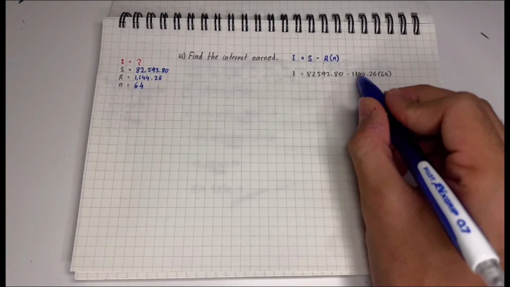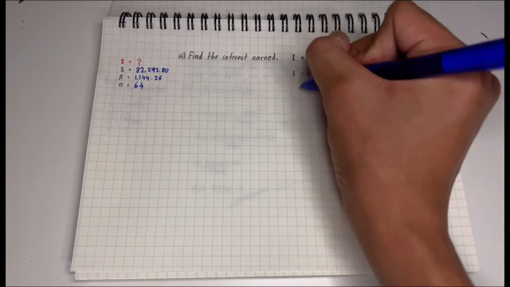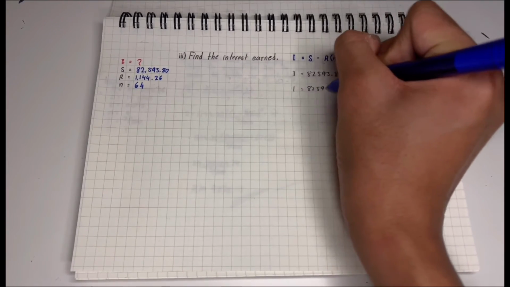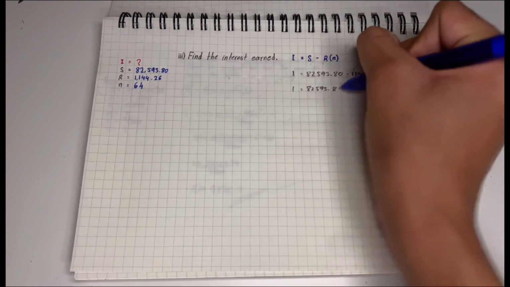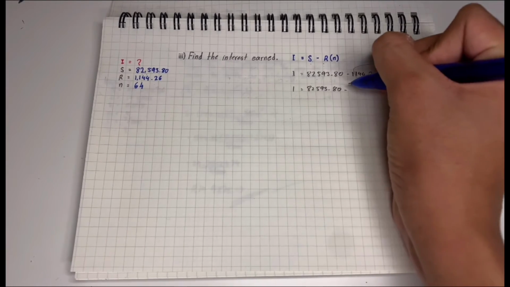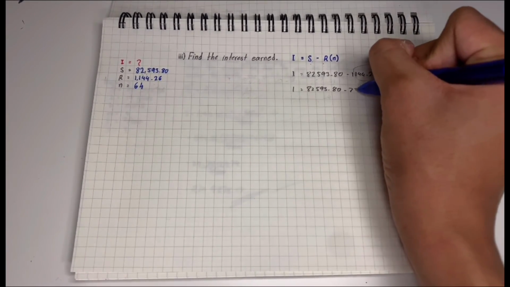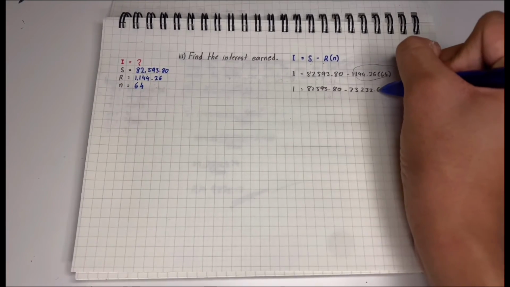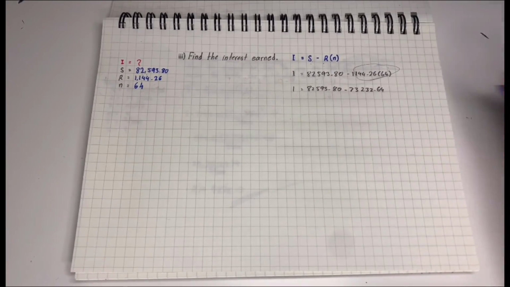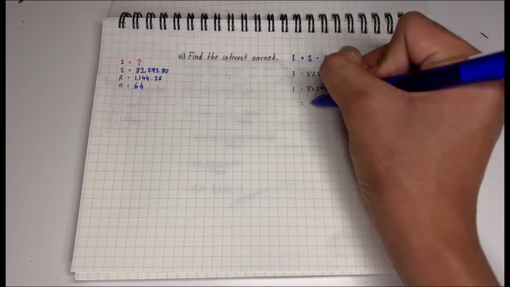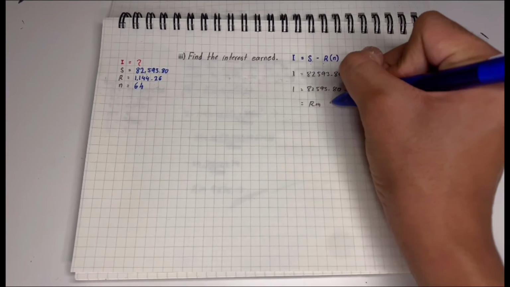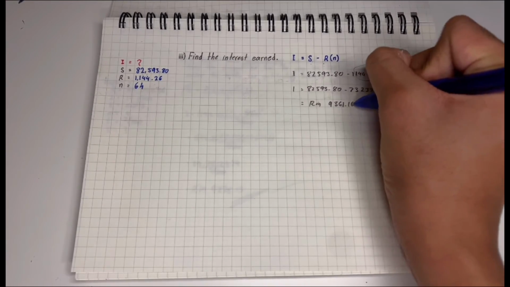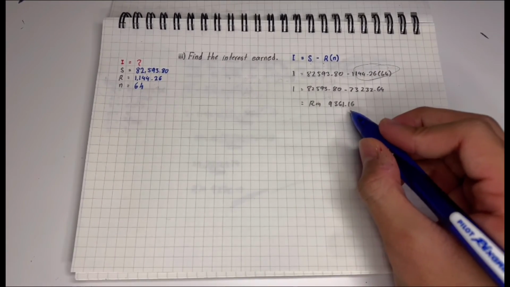So you need to solve this part first, and it will be I equal with 82593.80 minus 73232.64, and the answer will be RM9361.16. So this is the interest earned.